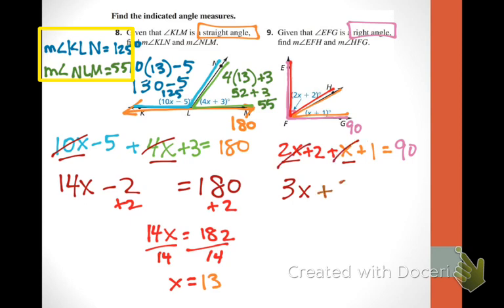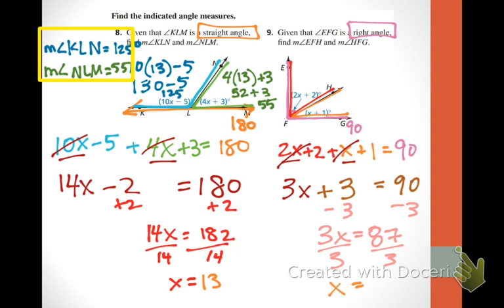And then 2 plus 1. Next step. Subtract 3. You're good. Divide by 3 and x equals 32.